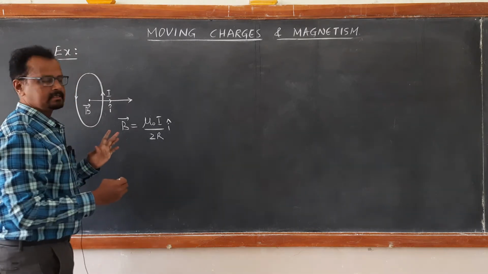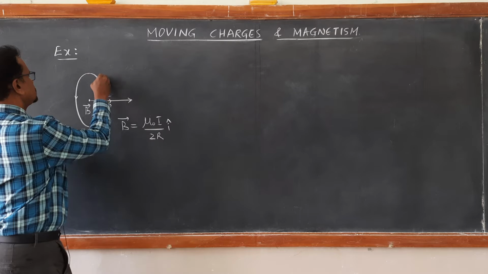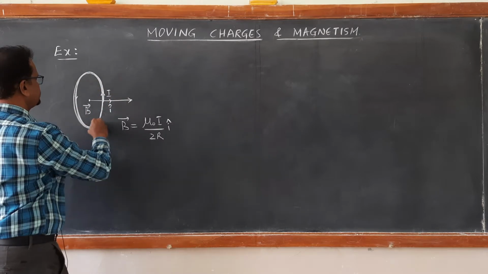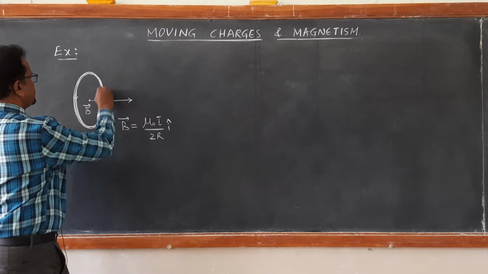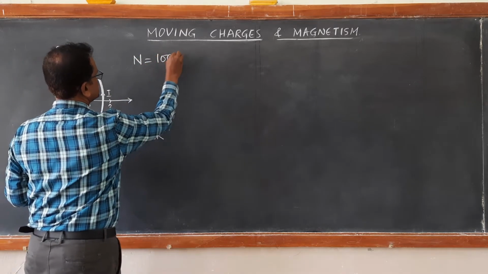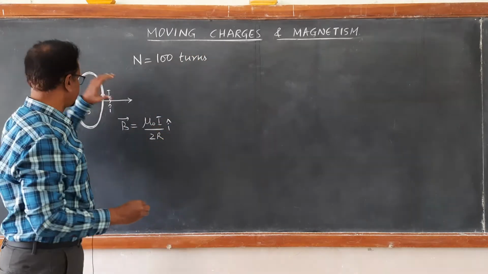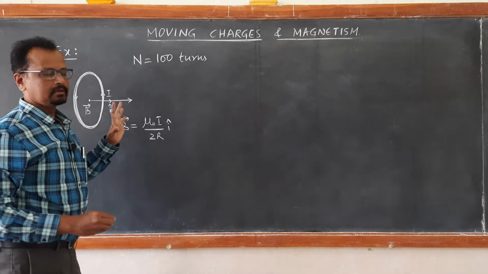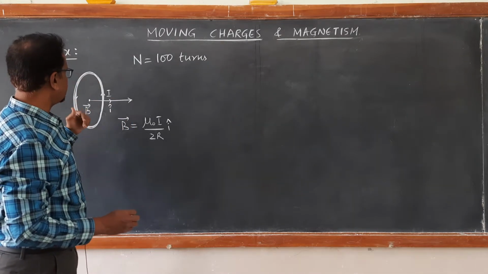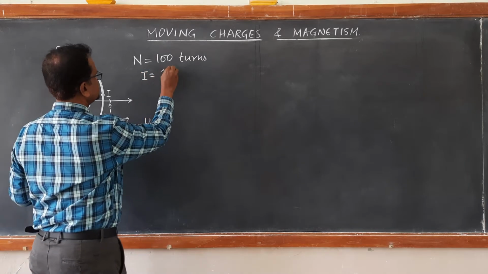Think that there is a closely wound circular loop consisting of 100 turns, and it is carrying a current of 1 ampere.